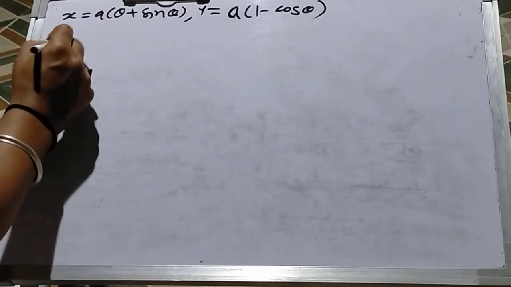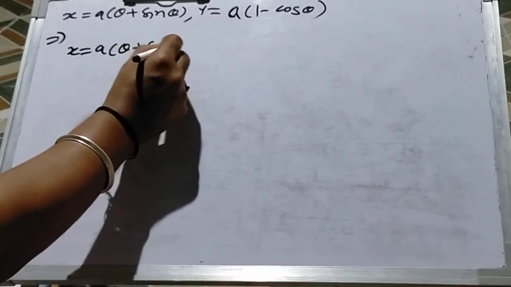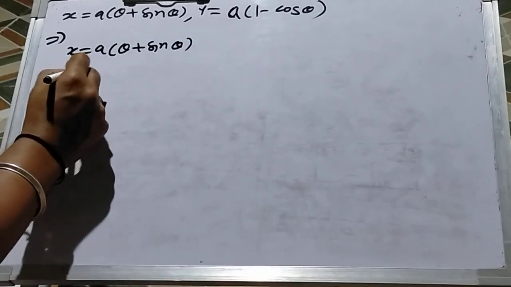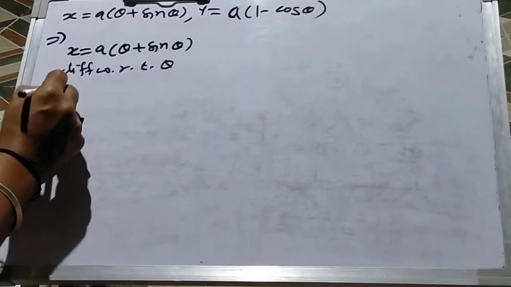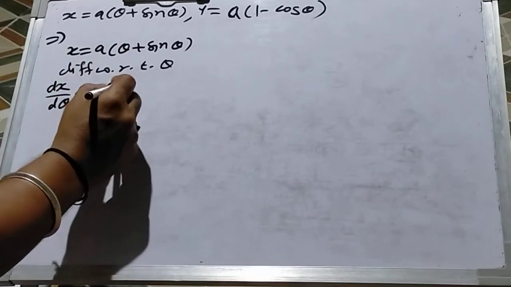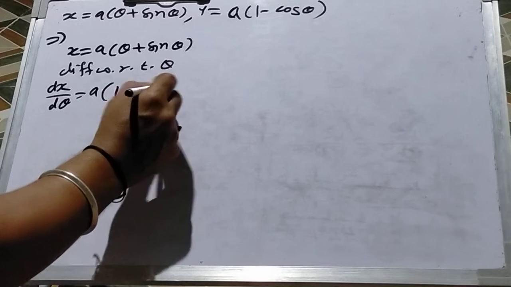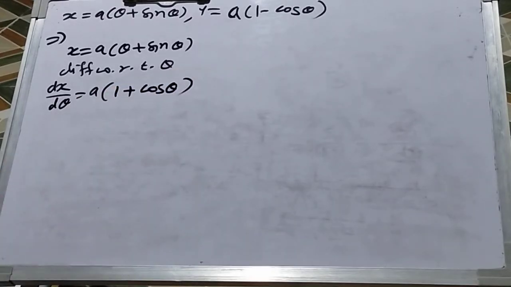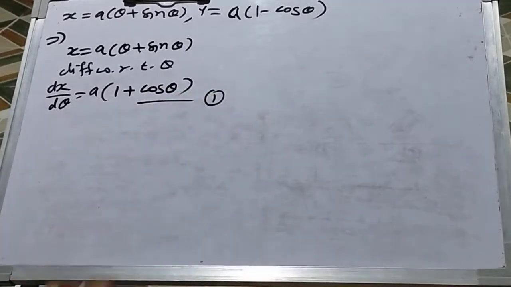So here x is equal to a into theta plus sine of theta. So differentiate with respect to theta, meaning dx by d theta is equal to a into the derivative of theta with respect to theta, meaning 1, plus the derivative of sine of theta, which is cos of theta. So dx by d theta is equal to a into 1 plus cos of theta, called 1.